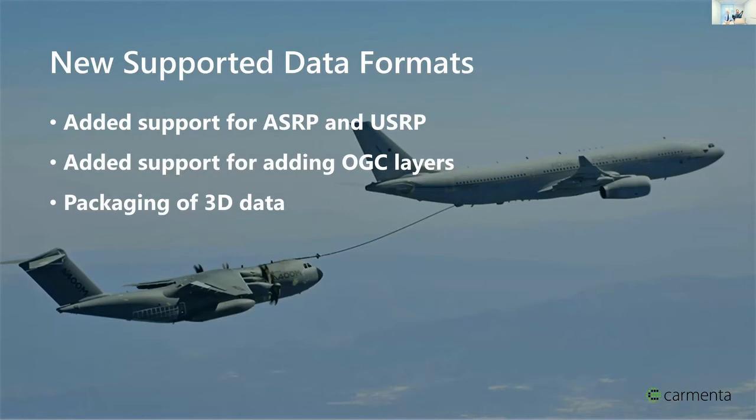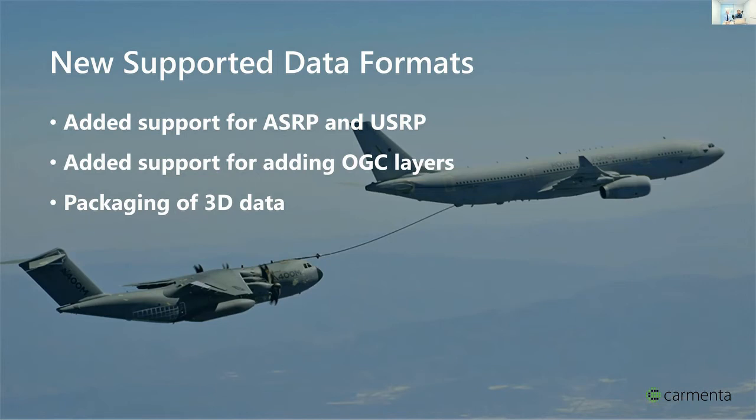Oh, brilliant. One of the new features we added in Carmenta Map Builder 3.4 was support for new geodata formats. We added support for ASRP and USRP raster formats that usually are used in military systems. And this is a bit interesting because we actually added this by using the dataset info functionality in Carmenta Engine that makes it possible to ask Carmenta Engine if it's able to read a file format.